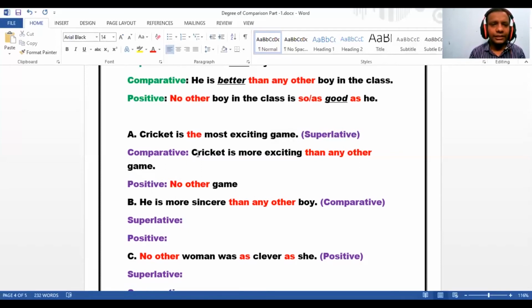In this sentence, I have a verb and that is, so I have to write is. And my comparative is more exciting and superlative is most exciting. So the positive form is only exciting. So when we make it positive, the positive form will be written between as and as. So look at the screen and I am writing this. And subject is cricket. So I have to write cricket. Full stop.